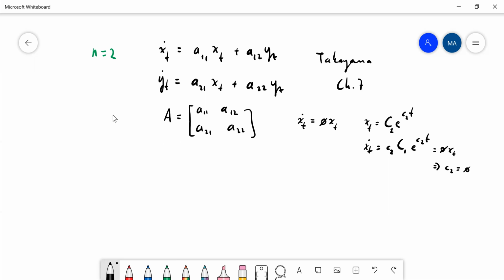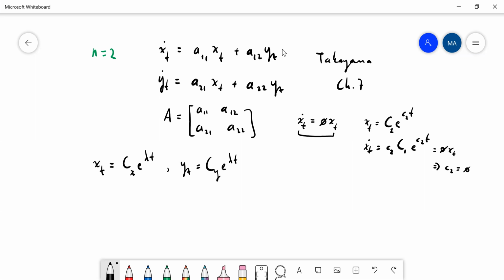Now we're gonna start with something like this, but now we have two variables, right? But still the system is linear. So as a heuristic, we start with something like that. Suppose that xt is equal to cx e to the lambda t and yt is equal to cy e to the lambda t. Now, obviously, I don't know what lambda is, and I don't know what cx and cy are.